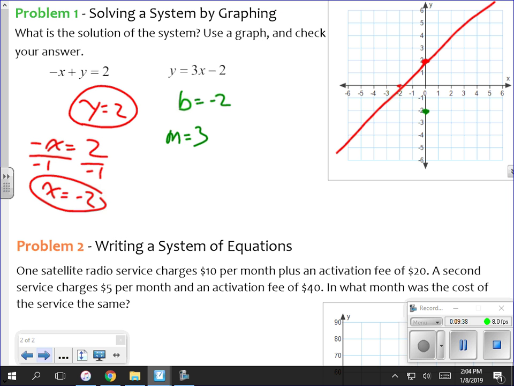But to be able to graph it, I need to write it as a fraction. 3 over 1. From my y-intercept that I graph, I do my rise and run. I like to do my run first, so I go over 1 and then up 3. Over 1, up 3. There's my second point. I have a slope of 3 over 1. And then I graph that line.